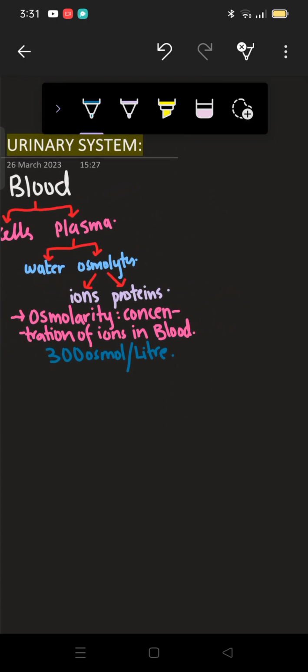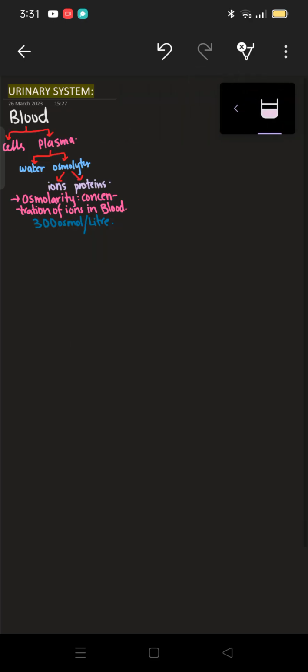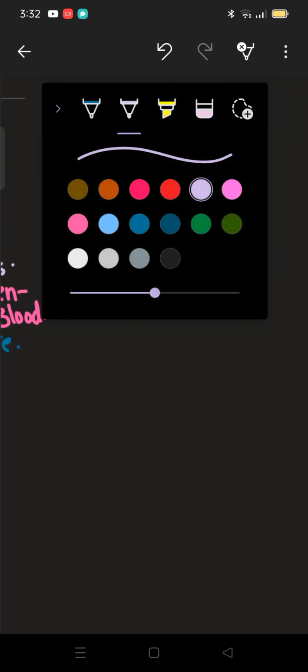Now here I am going to make the nephron structure, so that I can explain what osmolarity actually is in the interstitial fluid and in the nephron. Initially I am going to make the afferent arteriole, that would be divided into capillaries, then it would form the efferent arteriole, and then capillaries.